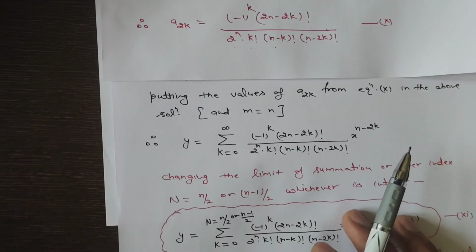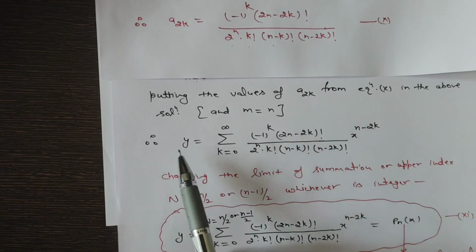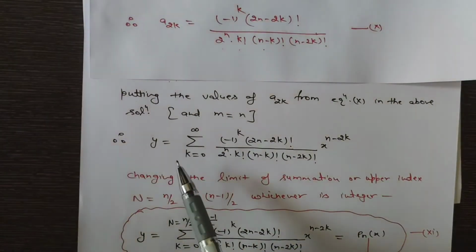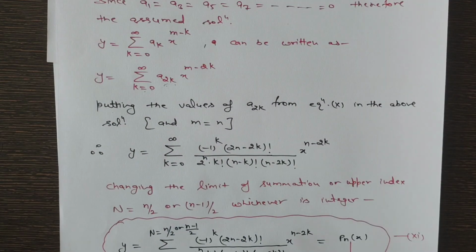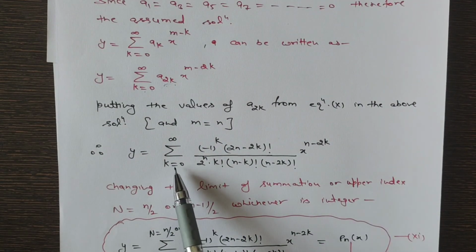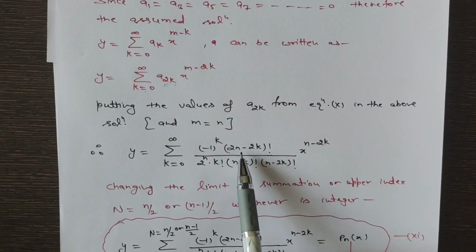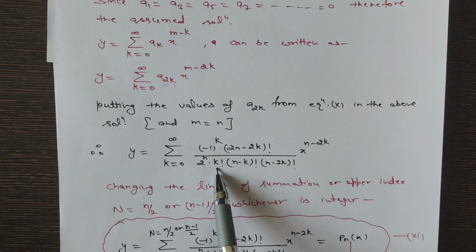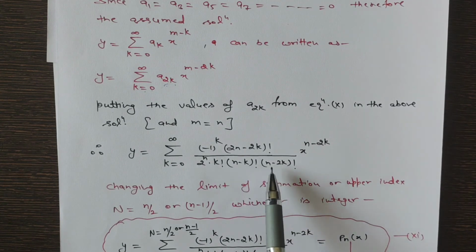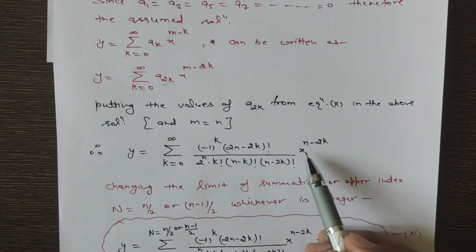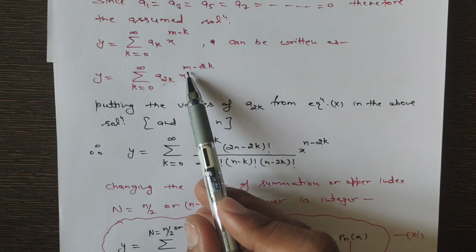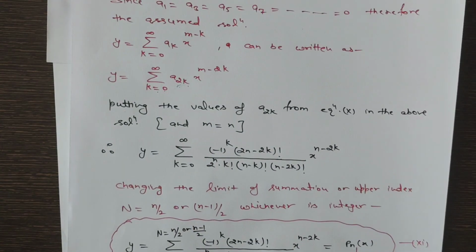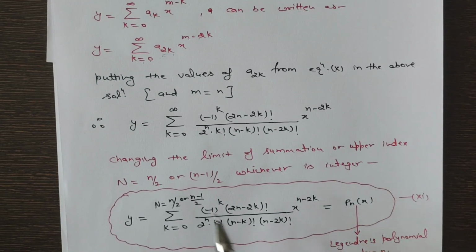After putting the value of a to k and putting m equals to n, the solution y will be obtained as summation over k starting from 0 to infinity minus 1 raised to power k, 2n minus 2k factorial, divided by 2 raised to power n into k factorial, n minus k factorial, n minus 2k factorial into x raised to power n minus 2k. Clear?